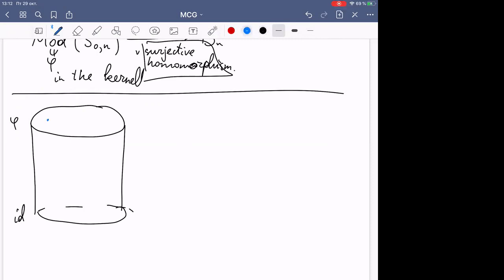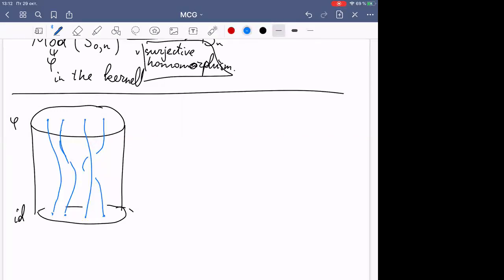This isotopy yields a trivial braid, but maybe not straight. Our only difficulty was that we would like to have this braid straight.